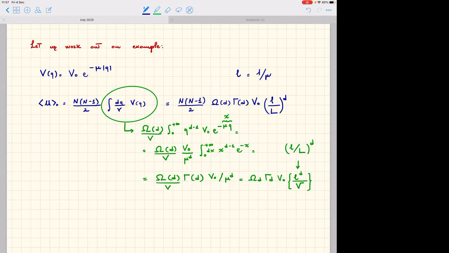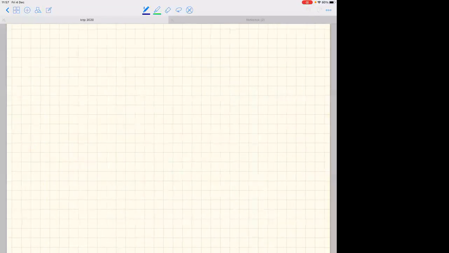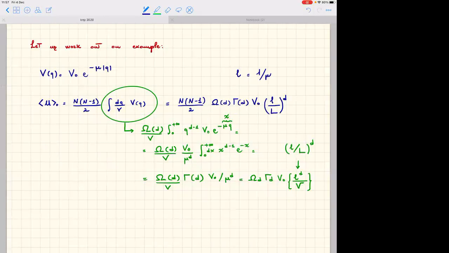So this is the first calculation I had to do. Second calculation. Can you go to the previous page? Yes.